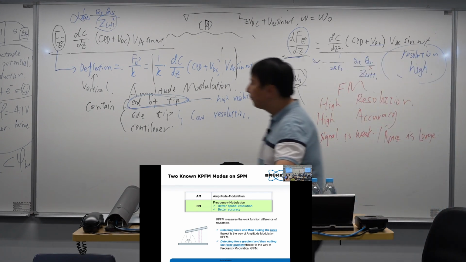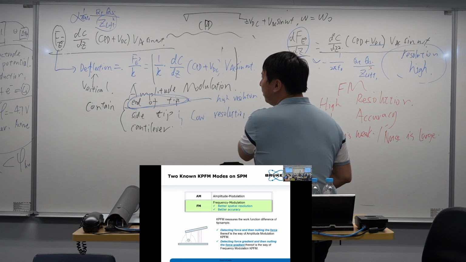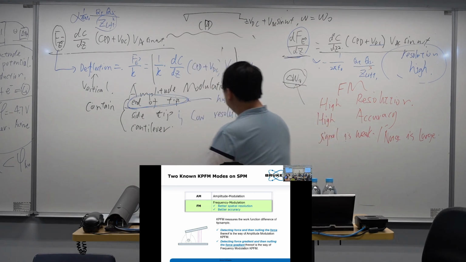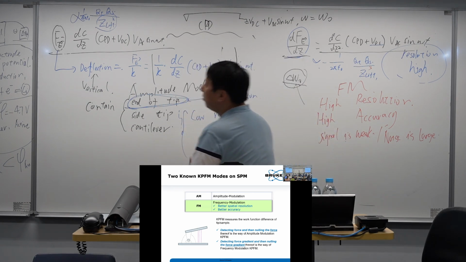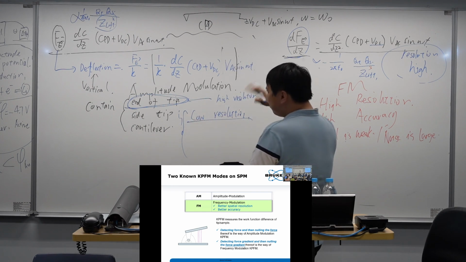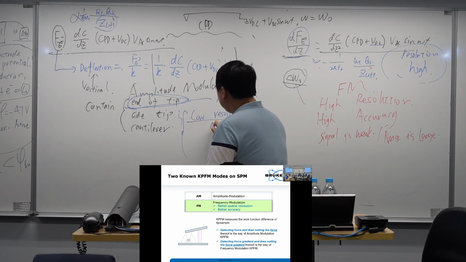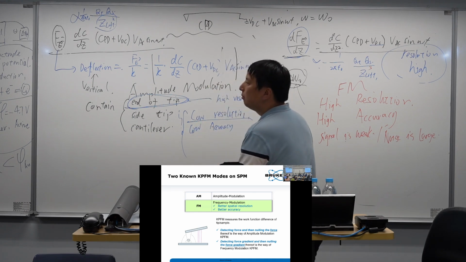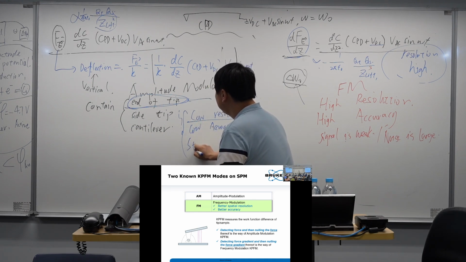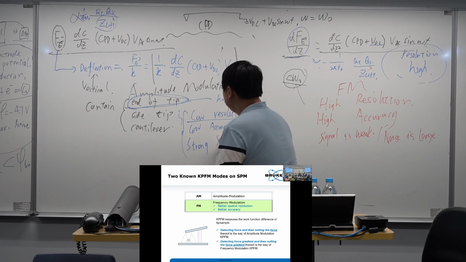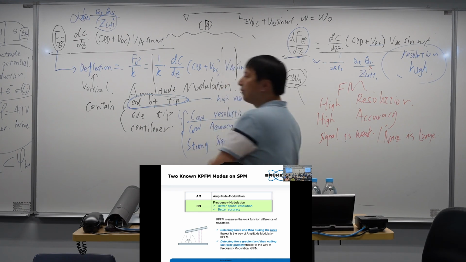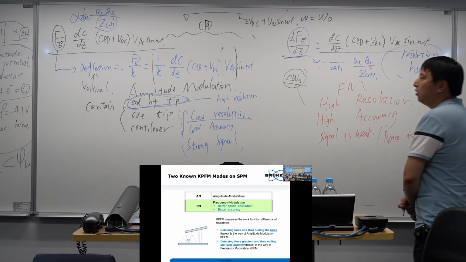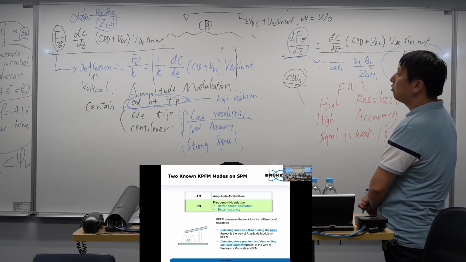But for the AM, it's relatively easy. The property of AM is that resolution is kind of low and accuracy is kind of low, but it has a really strong signal. It's a strong signal, and you can get the result quite strong.